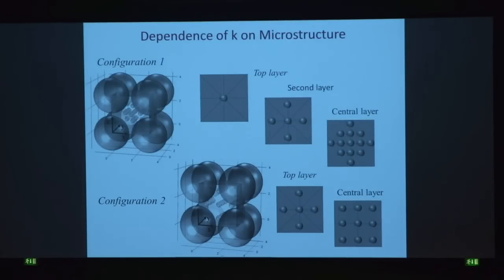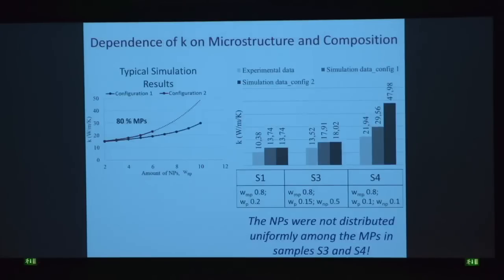But now we have to come up with many different configurations of the way the microstructure would look. I show you two, but we have many more. In these two configurations, the nanoparticles are uniformly distributed in the interstitial void space of the DAA among the microparticles.